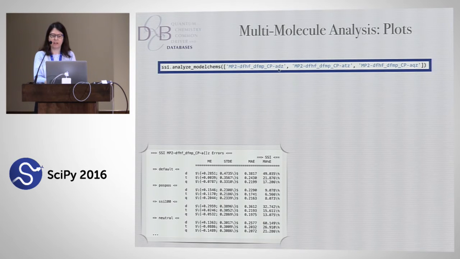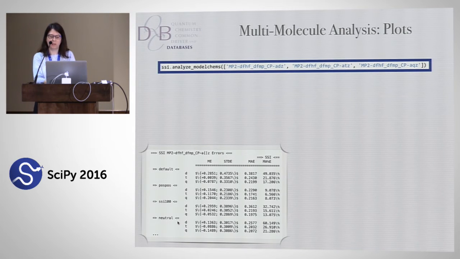These model chemistries are actually only differing by one letter, D, T, and Q, but this can be an order of magnitude or more in actual computational cost. So for these 3 model chemistries we can look at overall error statistics, absolute error, relative error, for both the whole database or perhaps a chemically relevant subset like all neutral molecules.